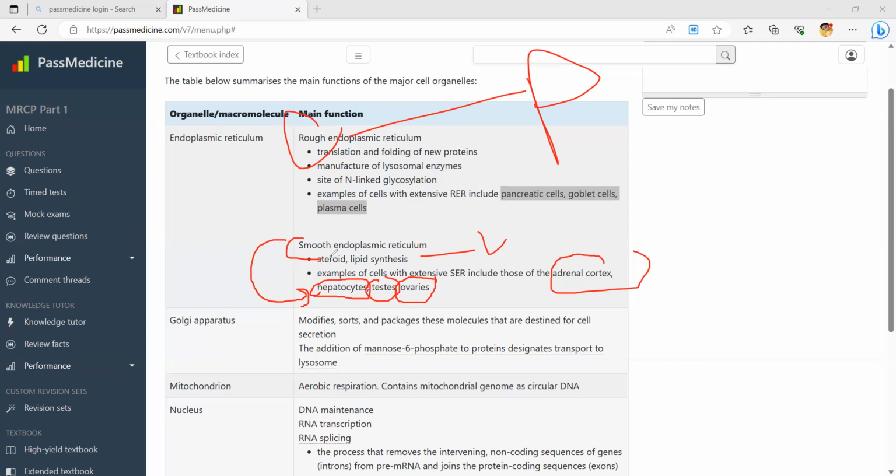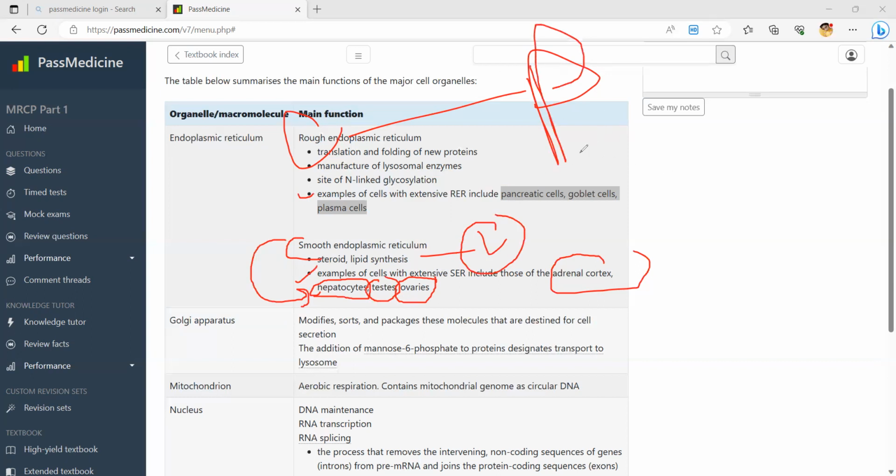So these cells are mostly related with the smooth endoplasmic reticulum. These cells have plenty of smooth endoplasmic reticulum. You need to know this one. Smooth endoplasmic reticulum is responsible for steroid or lipid, and rough endoplasmic reticulum is related with the protein.